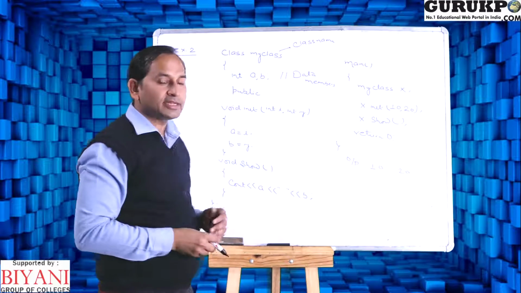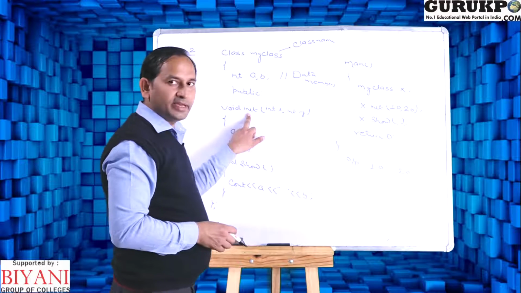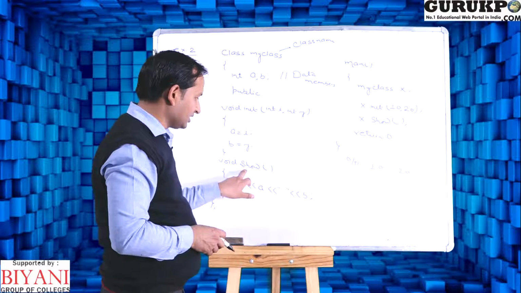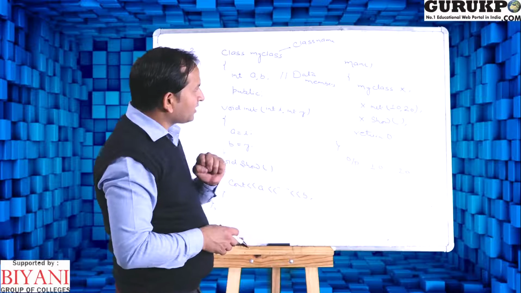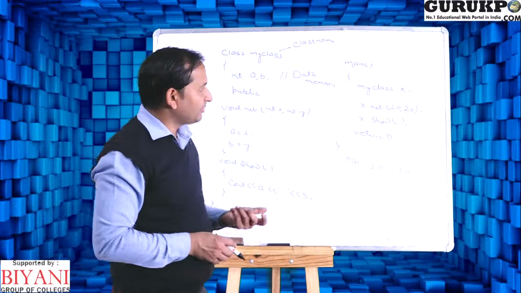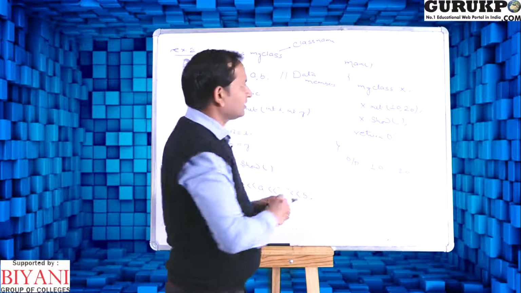Now, we are using the public access specifier. The function name is init. Another function we are using here is the show function, which displays the values of a and b. Every program in C++ always begins from the main function. Here we are creating an object, x.